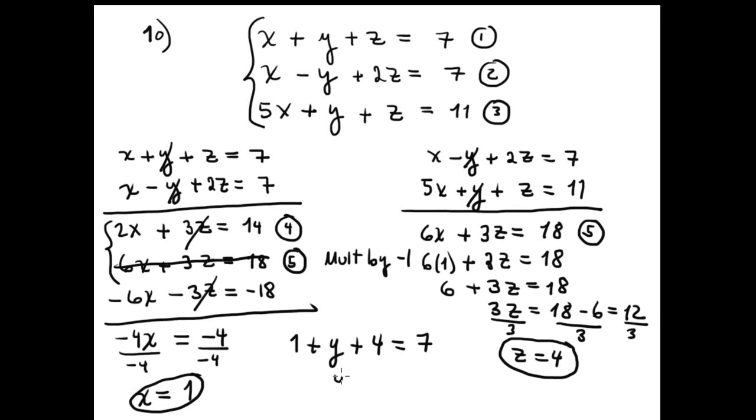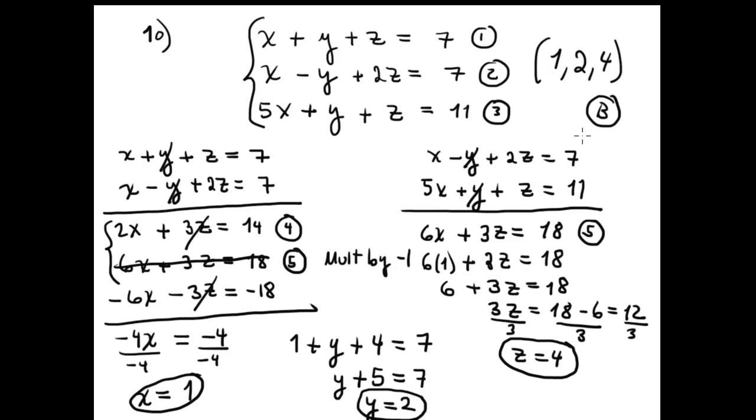Combine: y plus 5 is equal 7, y is equal 7 minus 5 is 2. Okay, solution. The solution is the ordered triplet formed by x is 1, y is 2, and z is 4. They correspond with the option B in our handout.